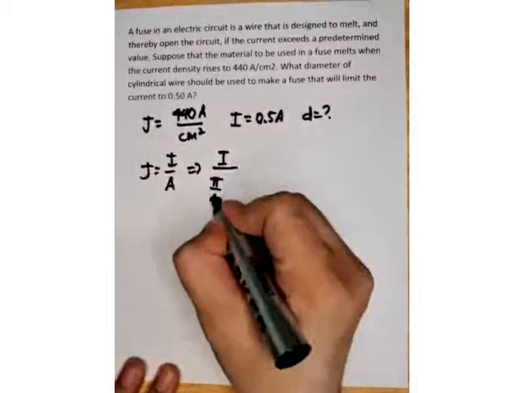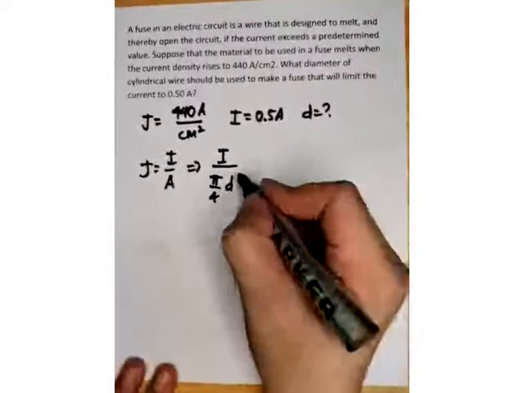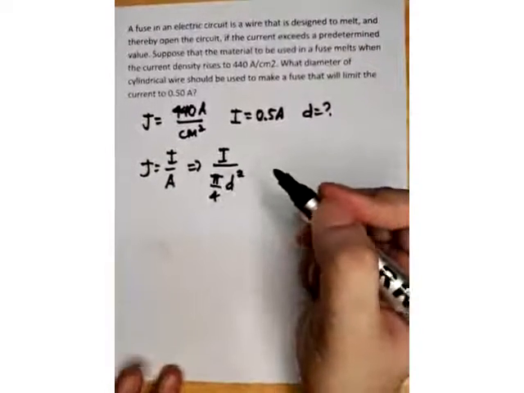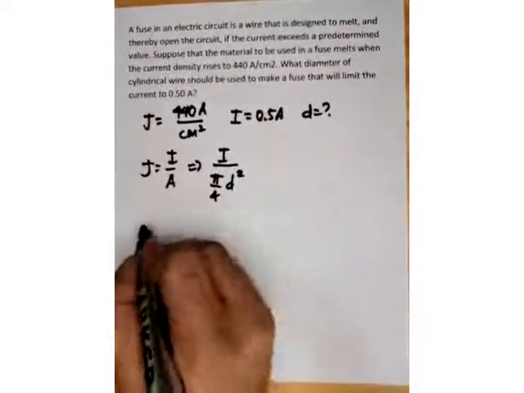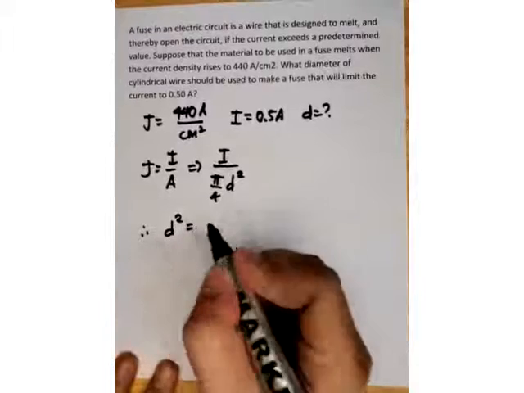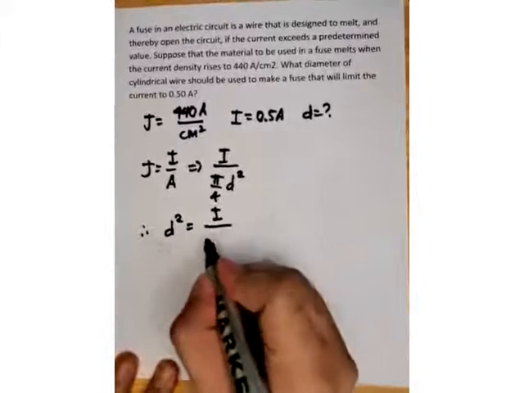So that means, gagawin natin to get D. So therefore, D squared is equal to I over pi over 4J. Cross multiply lang natin and then square both sides.